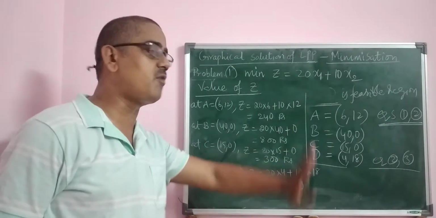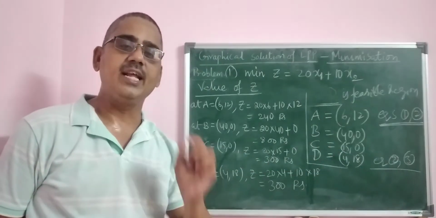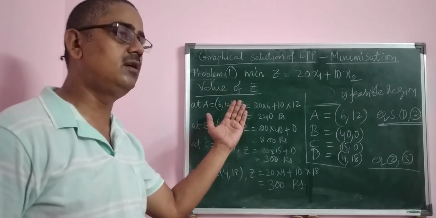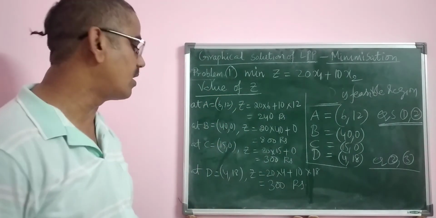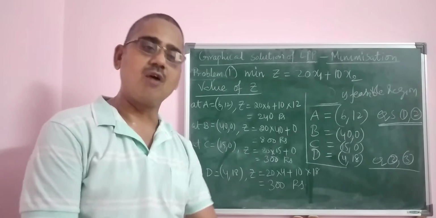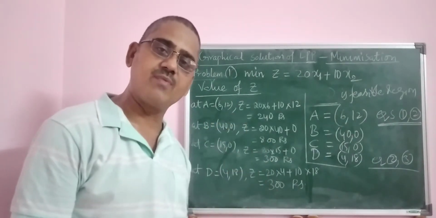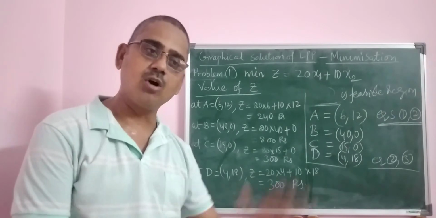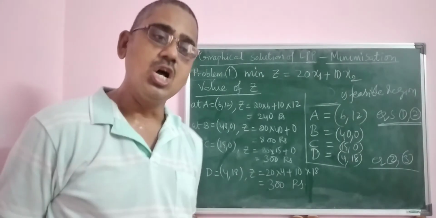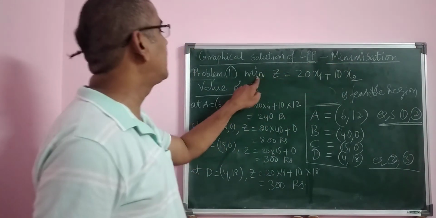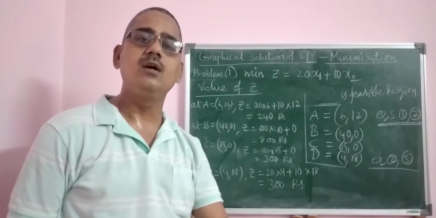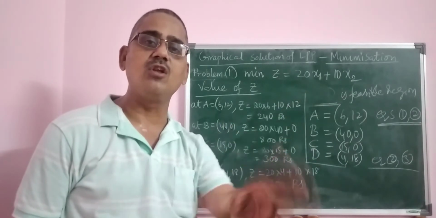After finding the corner points, the extreme points, you have to calculate the value of z at each corner point. In a maximization problem, we select the maximum value amongst these values. Among these values, 240, 800, 300, 300, this is a minimization problem: minimize z. So it is required to take the minimum value among the values of z.